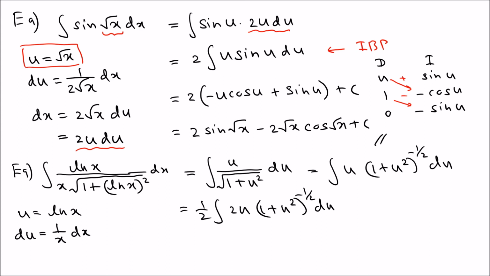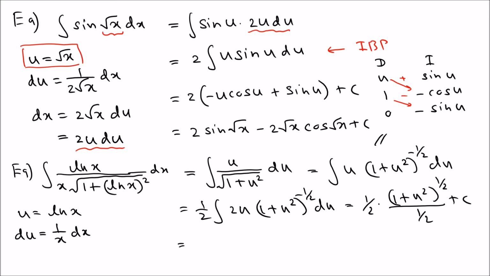So according to the 4 formula, this is simply 1/2 times 1 plus u squared. You can add 1 and divide it by that. So this is the 4 formula trick here. It's much faster. Plus c, and then 1/2 gets cancelled.